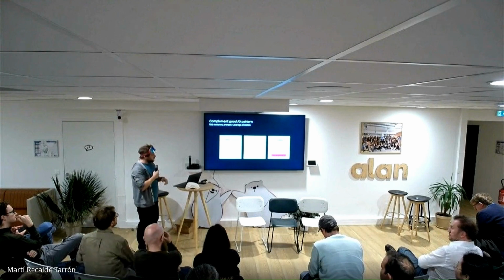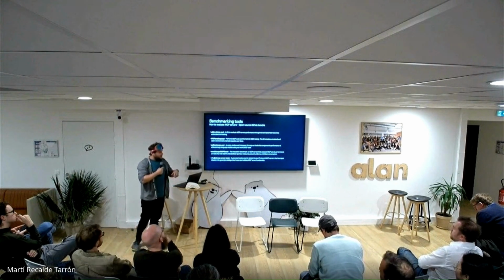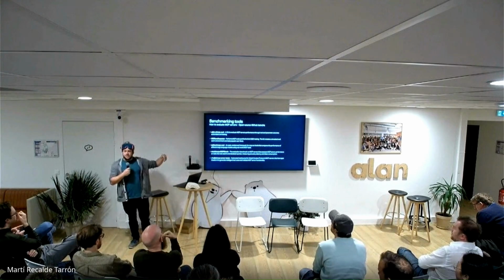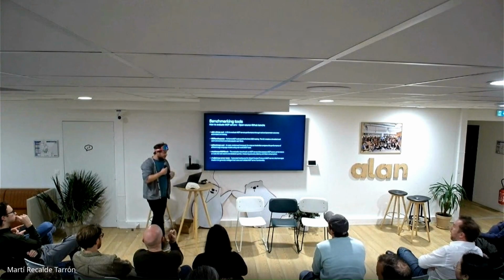A few of the tools that I've been using in order to share those results with you today is listed here. You can feel free to grab some. I'm going to talk a bit about the one that we developed at Alpic, which is called MCP Eval.